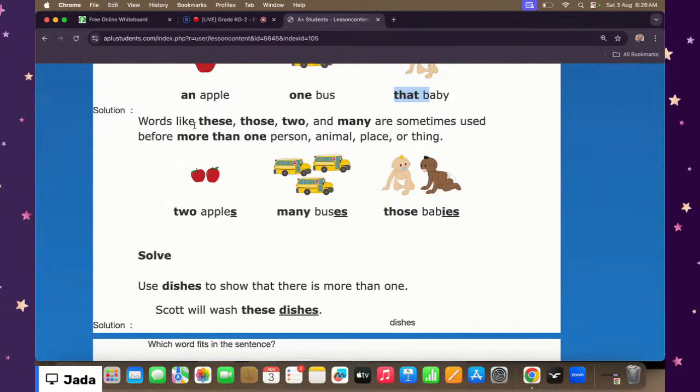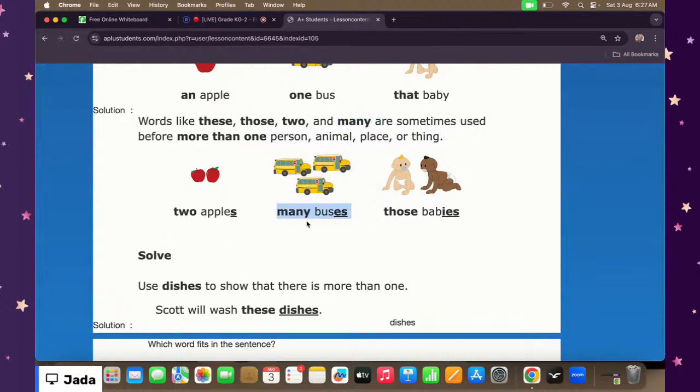Then words like these, those, two, and many are sometimes used before more than one. Just like you say, two apples. Many buses.